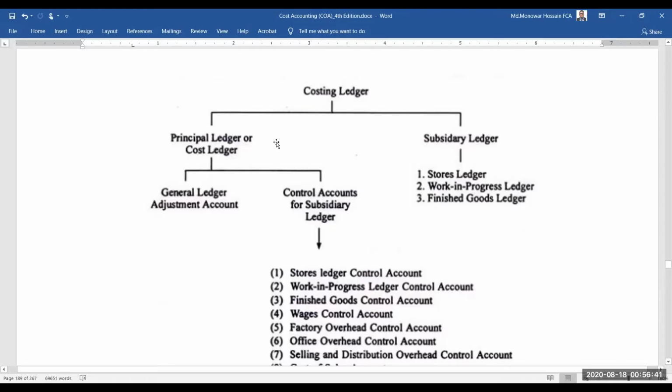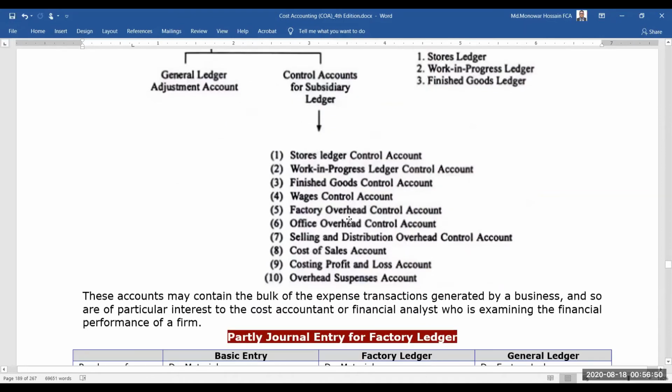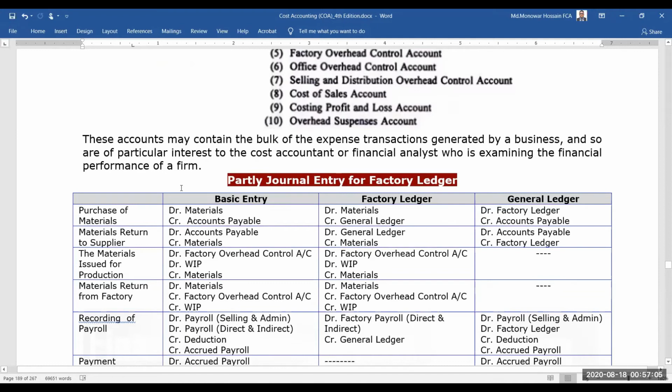The principal ledger or cost ledger contains the general ledger adjustment account and control accounts of the subsidiary ledgers: store ledger, work in progress, finished goods, wages, factory, office overhead, selling and distribution overhead control, cost accounting, and overhead suspense, etc. These accounts may contain the bulk of expense transactions generated by the business, and so are of particular interest to accountants and financial analysts examining the financial performance of a firm.